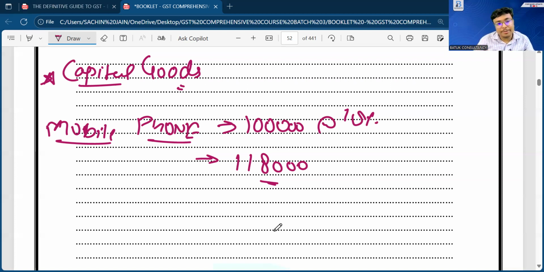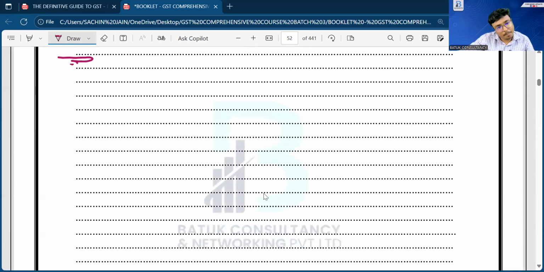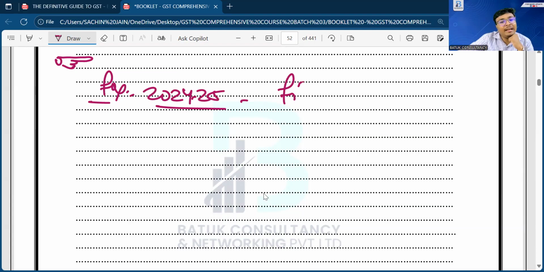Also, one more important provision, sir. Suppose for financial year 2024-25, I have filed all my returns, declared my output supply, claimed my input tax credit.